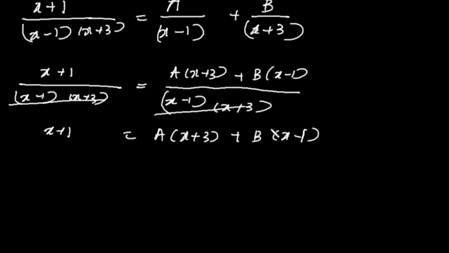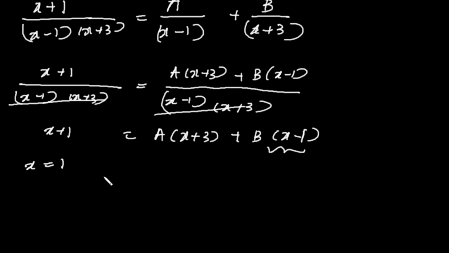Okay, now you can substitute values for x to make some parts 0. I'll focus on this part. You can use x equal 1, then this part will become 0, so you can find the value of a.